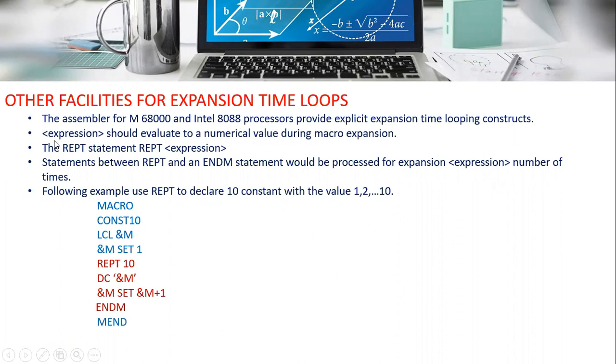That is, in this case we consider the expression should evaluate to a numerical value during the macro expansion. The value of the expression is evaluated at the time of macro expansion, and the numerical value is found. Now in this case we use two statements, that is the REPT statement, that is repeat corresponding expression. How many times you want to repeat the macro or that statement, that numeric value is found here, and under the repeat statement the statement is given. Now the statements between REPT and ENDM.